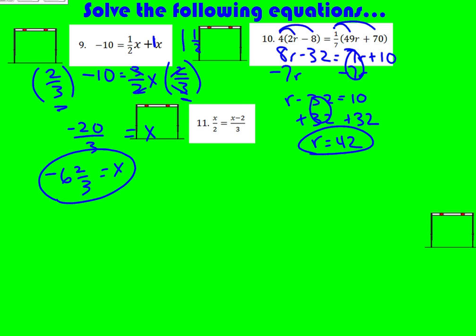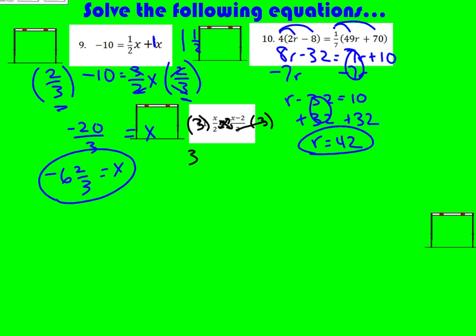Gonna be sneaking in here, you have a fraction equal to a fraction. So what you need to do is multiply diagonally and do what we call cross products. Essentially what you're doing is multiplying both sides by 3. That's going to cancel that out.